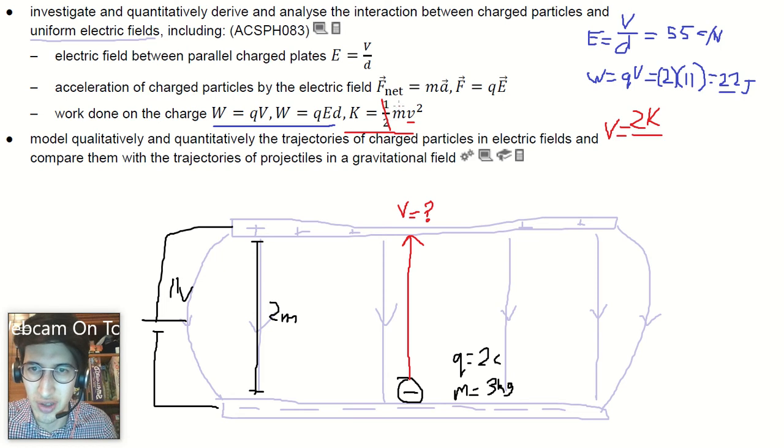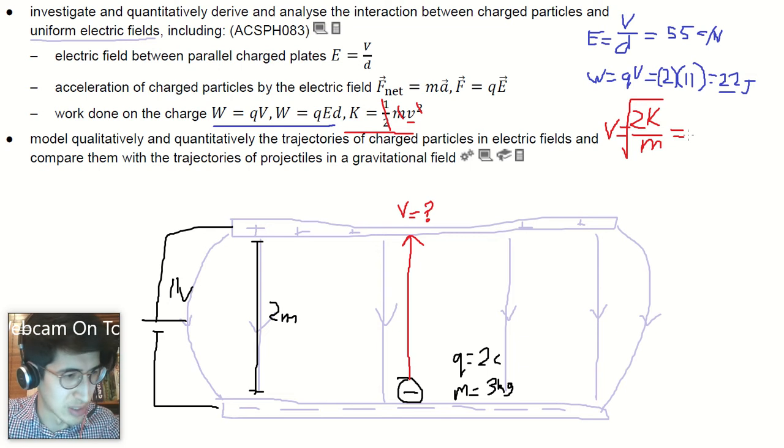If we divide mass onto that side, we get mass there. And I've drawn this too small because to get rid of this squared, we're going to have to square root this side here. Square root of 2K over M, get my calculator, 2K over M, we get about 3.8 meters per second.